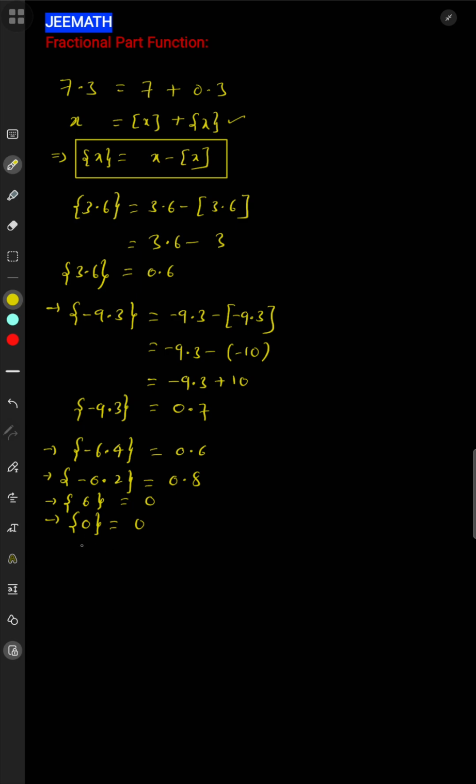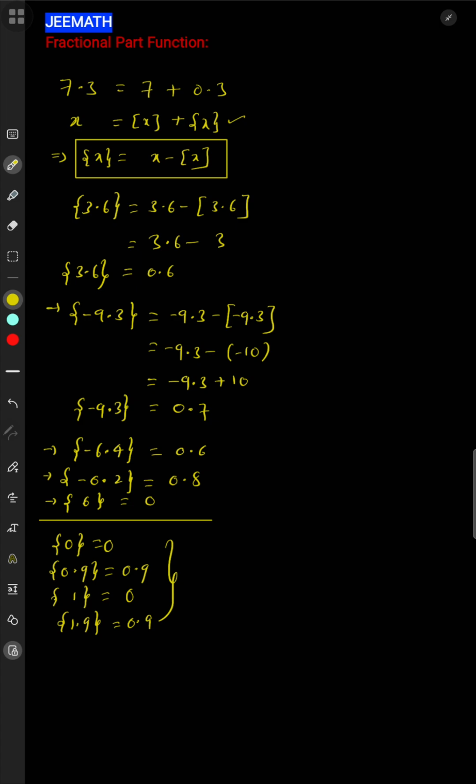So the fractional part of 0 is also 0. Next, the fractional part of 0.9 is 0.9 only. But the fractional part of 1 is equal to 0. The fractional part of 1.9 is 0.9. So based on this, we'll try to draw the graph of the fractional part function.